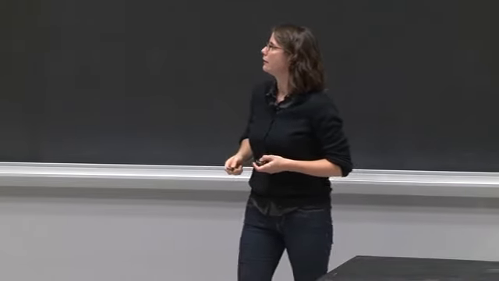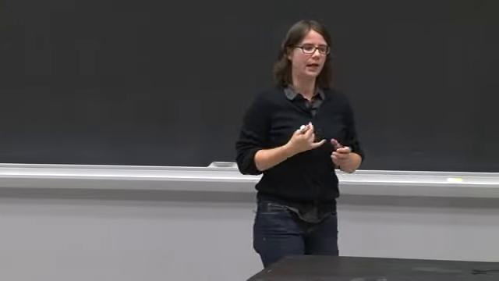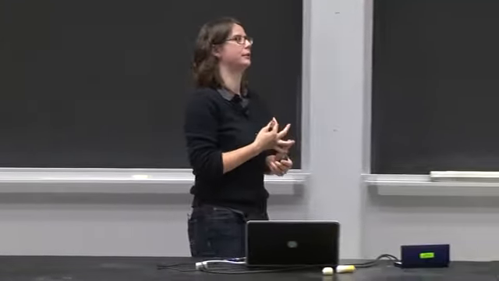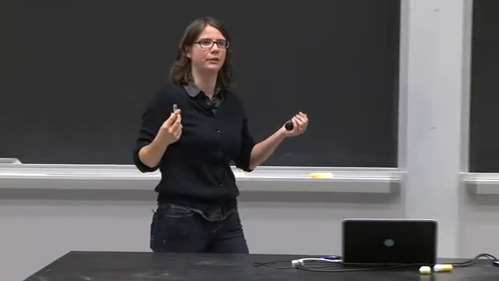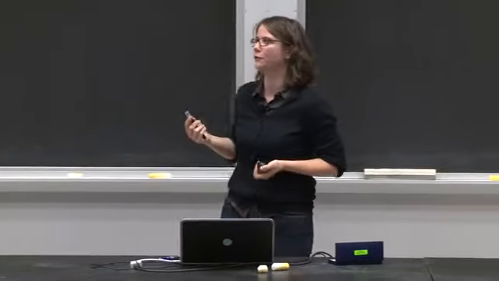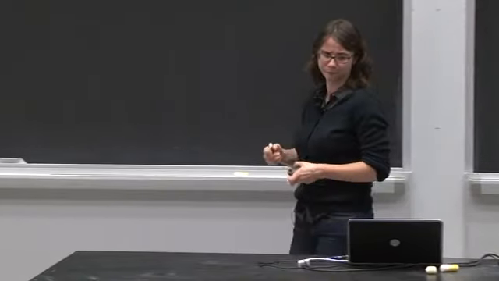So we can modify the code a little bit to add 2 extra features. Okay? The first is we're going to be able to deal with negative cubes, which is kind of cool. And the second is we're going to tell the user if the cube is not a perfect cube, hey, this cube is not a perfect cube. So we're not going to silently just fail, because then the user has some sort of feedback on their input.